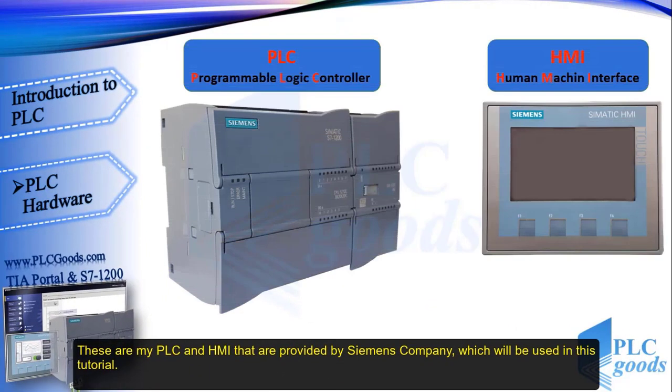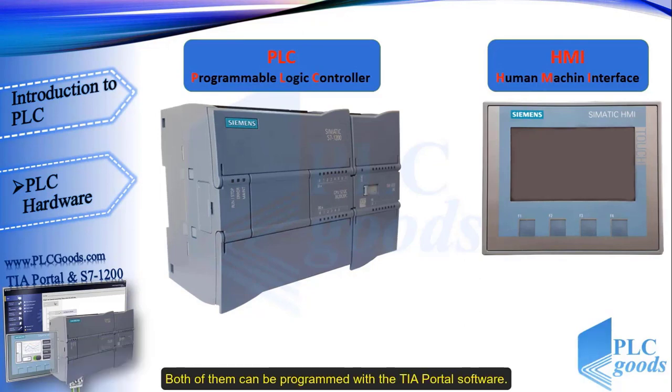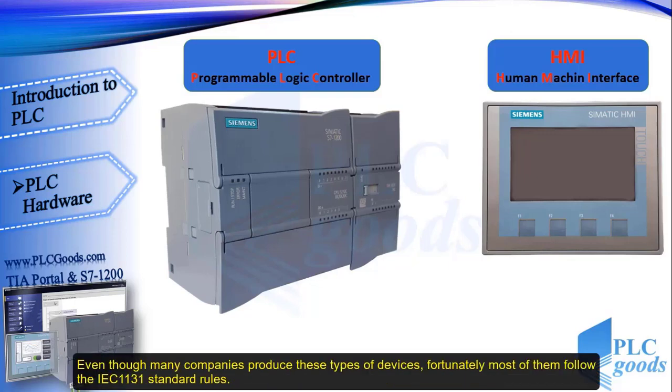These are my PLC and HMI that are provided by Siemens company, which will be used in this tutorial. Both of them can be programmed with the TIA Portal software. Even though many companies produce these types of devices, fortunately, most of them follow the IEC 1131 standard rules.